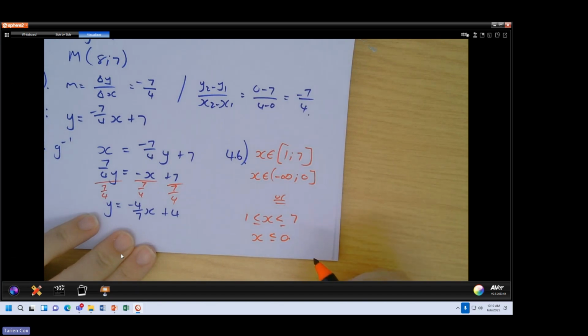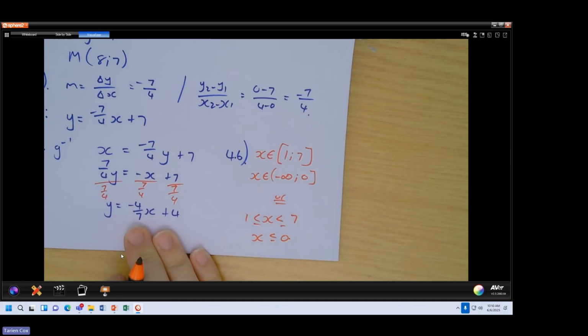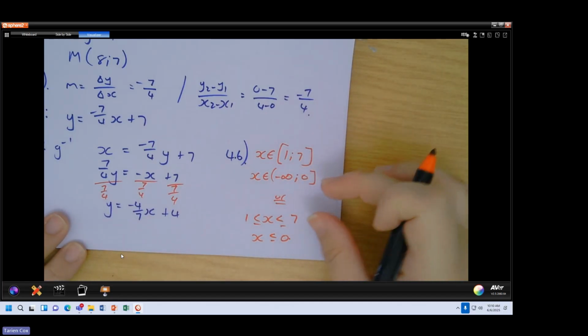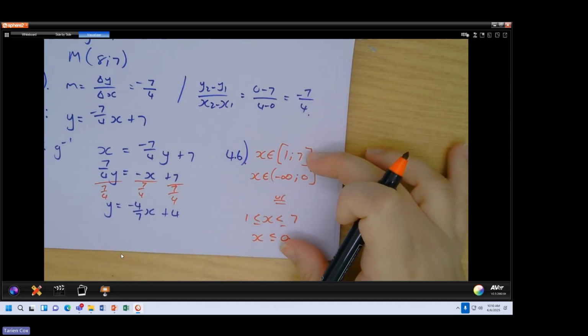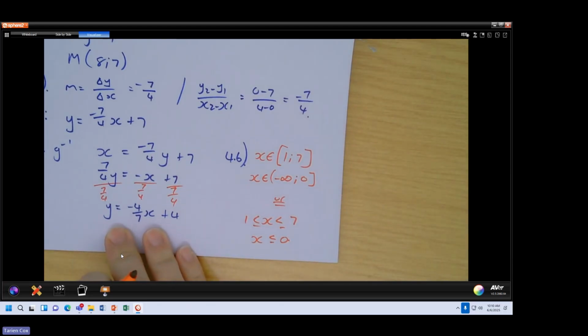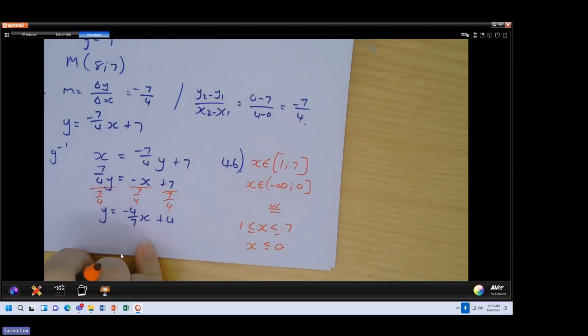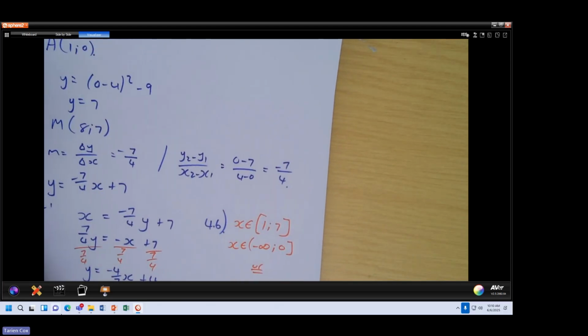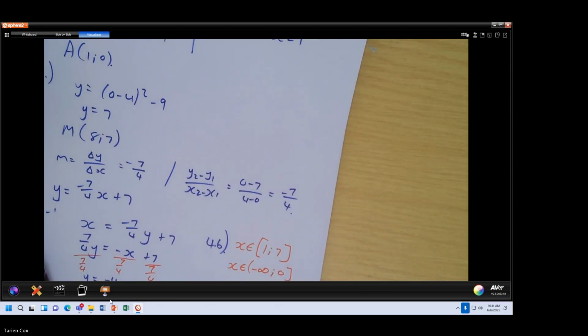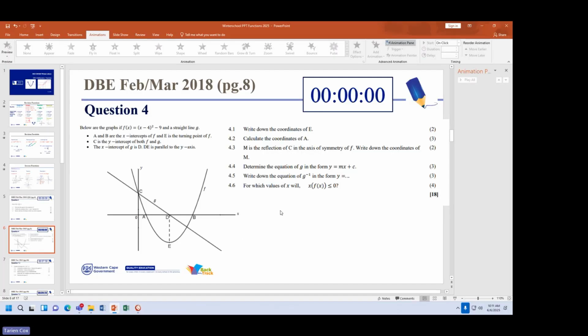So there were two answers, and that is why it counts 4 marks. So either you do interval or you do that plus this, you can mix and match. It's up to you. All right. So we have completed the 4 point question, question 4. Go back to the PowerPoint.